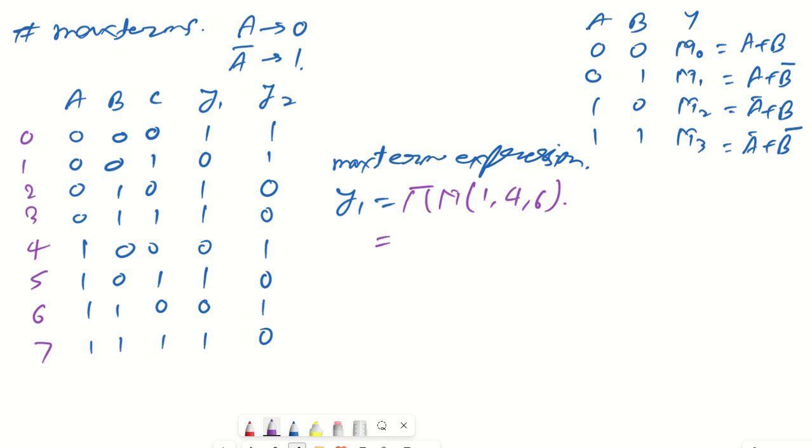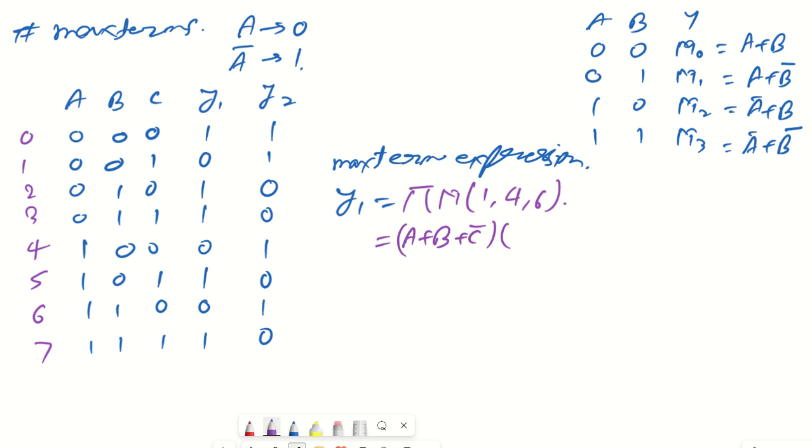If you want to write the expression for them, what will be 1? 1 is nothing but a b c bar. So I can write it down as a plus b plus c bar. Wherever it is 0, that is considered as a, and wherever it is 1, that is considered as a bar. Similar to that, it has become c bar because it is 1.